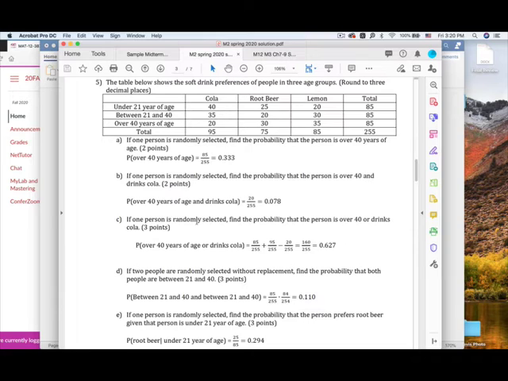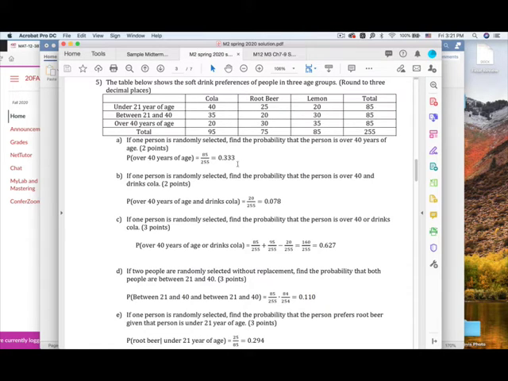For the probability, I have the requirement that, for this kind of question, please state what you are looking for. For these questions, we are looking for the person over 40 years of age. So that's why I write down, probability of over 40 years of age. Show me your work and the final answer.